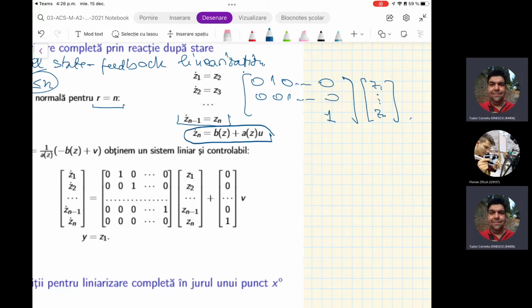This is not an invertible matrix because this is a wide matrix. So this is R^(n-1) times n. And this is the final equation where you apply the control.